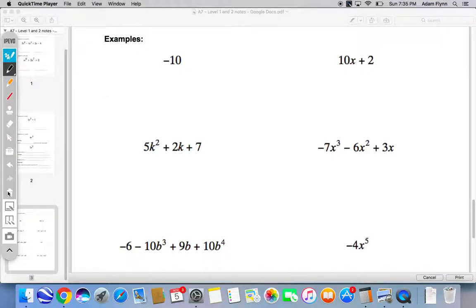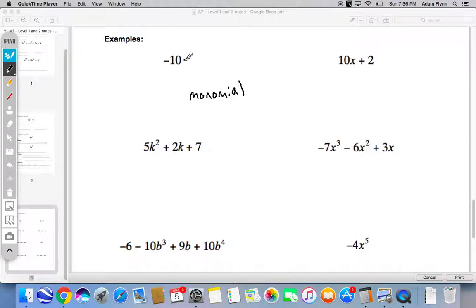All right, let's take a look at this one, -10. So -10, well, first off, how many terms? Just one. So we know it's a monomial. So what is the degree of this? Well, if we look, we don't have an exponent here.